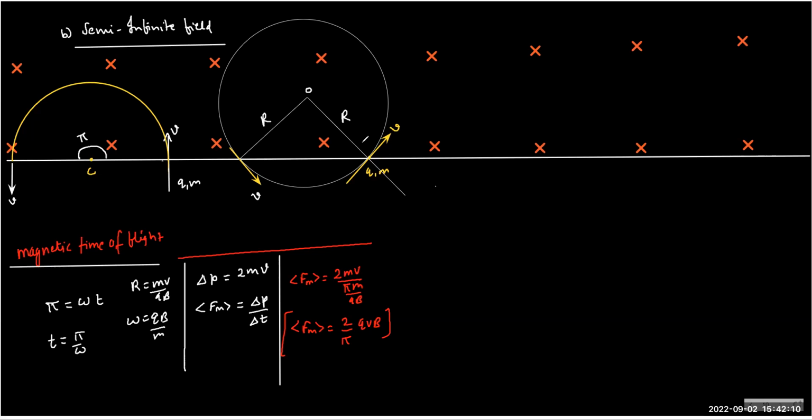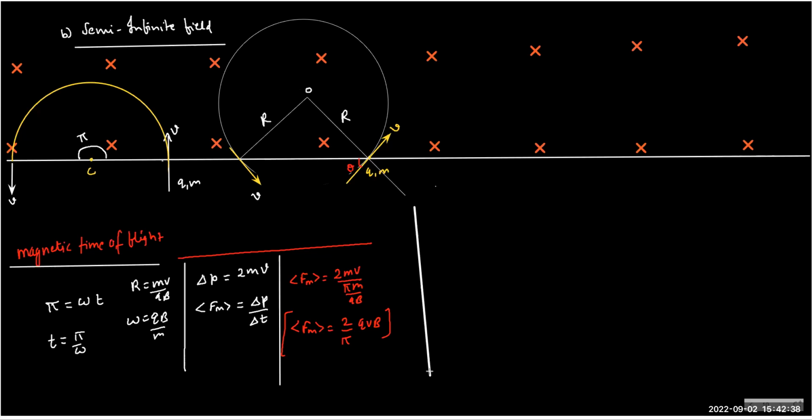So if you enter at a given angle, say the angle is given to you as theta, the other side will also be theta. So you have to do the same thing: find the momentum change, find the average force, find the time for which it was in the field, which is called the magnetic time of flight.